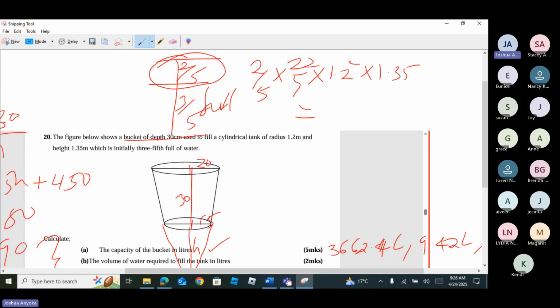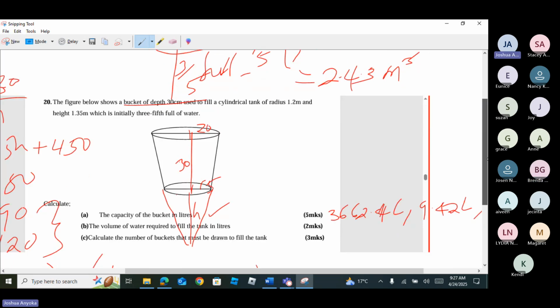So the volume of water required to fill the tank in liters is 2/5 times the capacity, the volume of the tank. 2.443, 2.443 cubic meters.